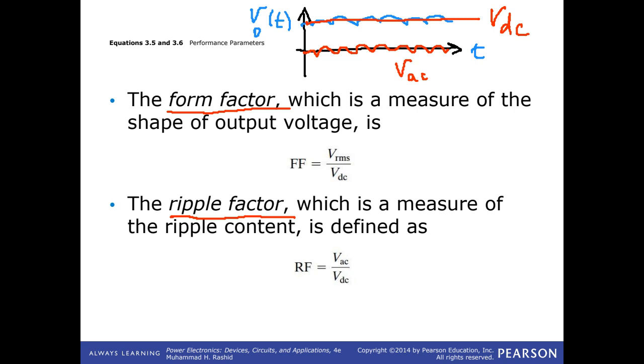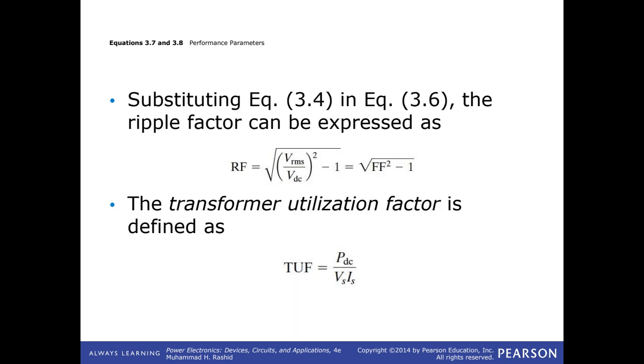Şimdi definition'larımızı yaptık. And also ripple factor is equal to form factor minus 1. You can derive those equations easily. There is another component which is called transfer utilization factor, DC over VSIS, okay?